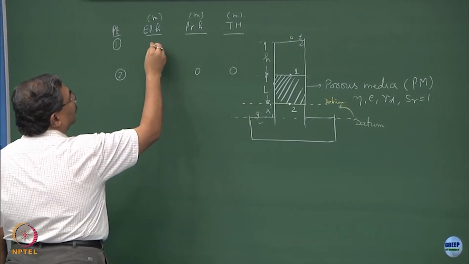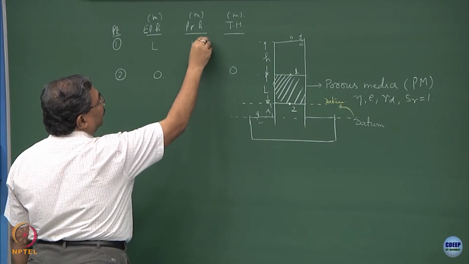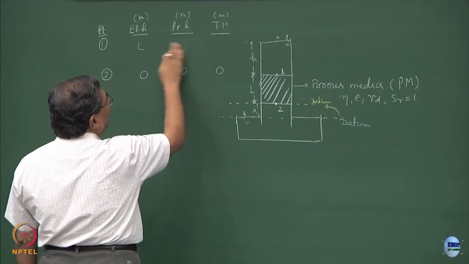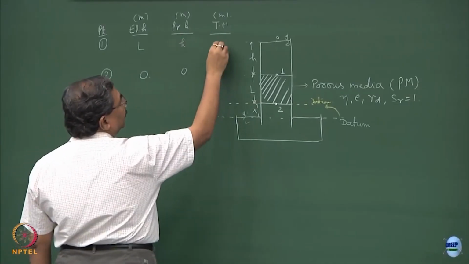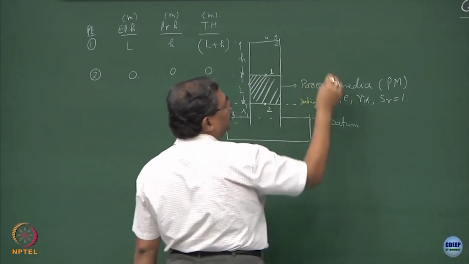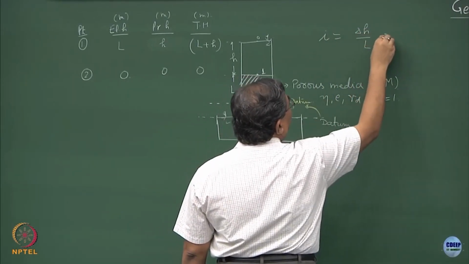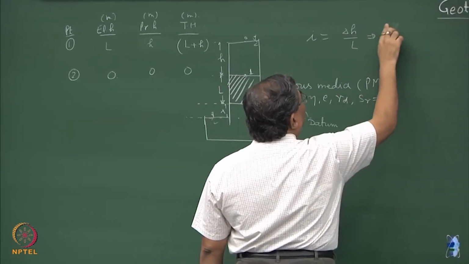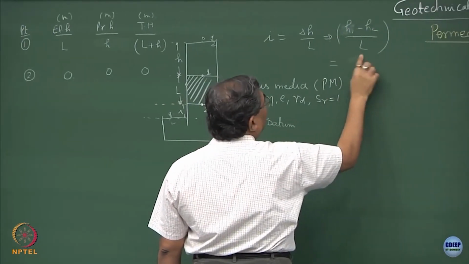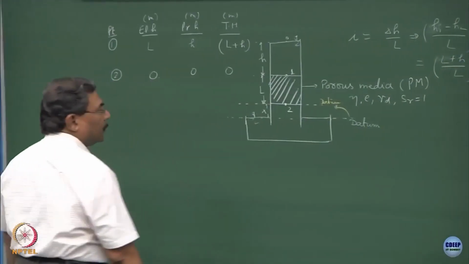At point number 1, the elevation head is L, the pressure head is H, and hence the total head is L plus H. So, the hydraulic gradient, delta H upon L, is H1 minus H2 over L. This is nothing but L plus H over L.